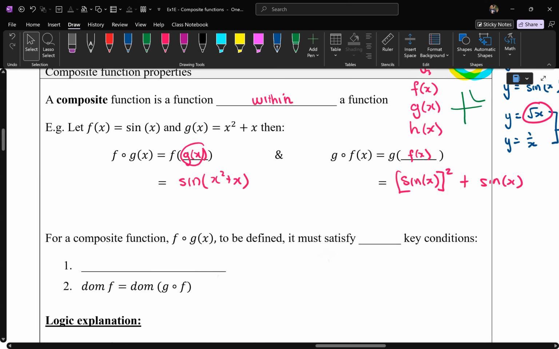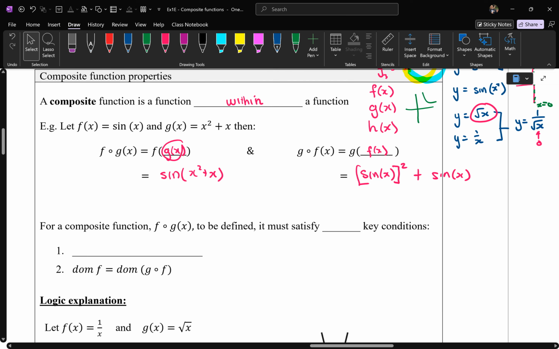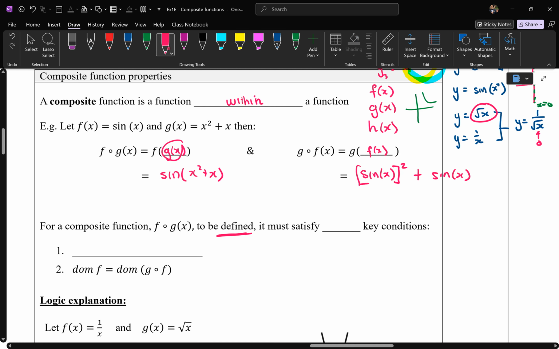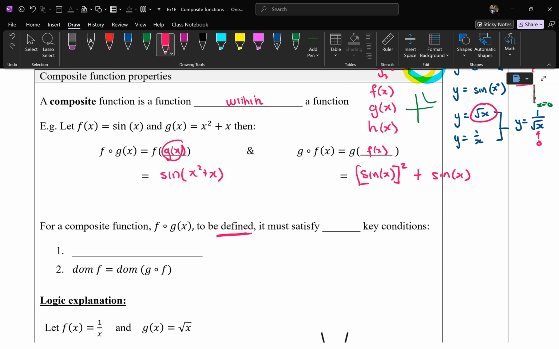Okay? Now, here are some logical conditions, and I've got some pictures to show you so you understand why or how these conditions occur. For a composite function, f of g of x, hypothetically, to be defined, when they say defined, it just means it works. It means that if you put it on a calculator, they can sketch it, okay, because the function works.